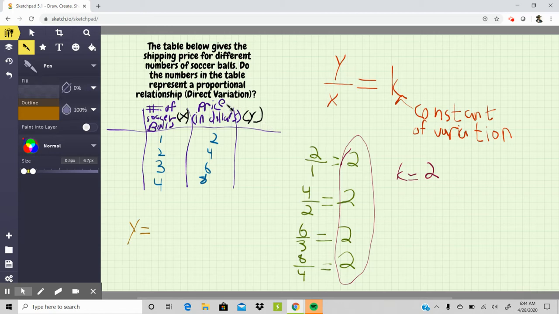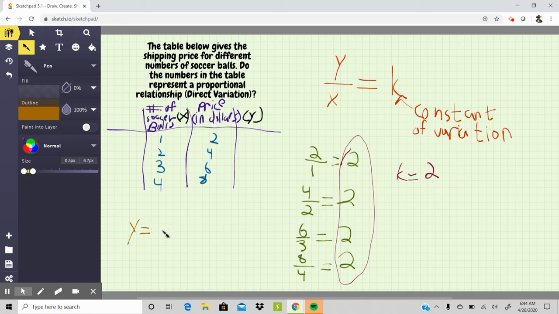Our dependent variable always depends on our independent variable. Our y variable always depends on our x. The price depends on the number of soccer balls that you've purchased. So that makes sense. The price here depends on how many soccer balls you've purchased, so this is the dependent variable, this is the independent variable.